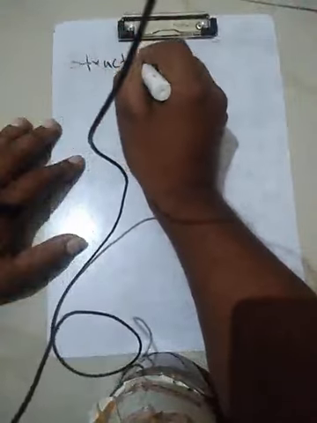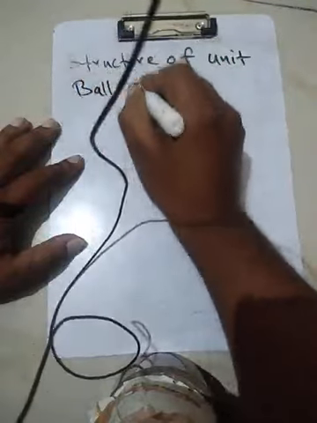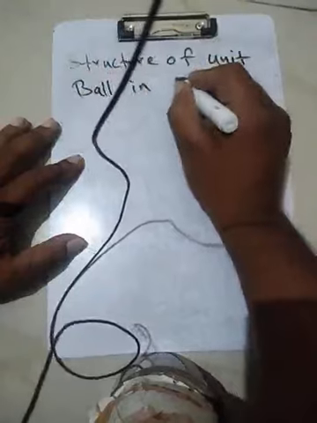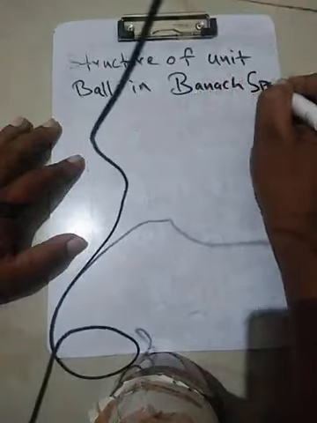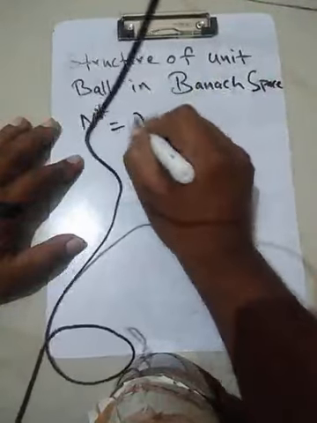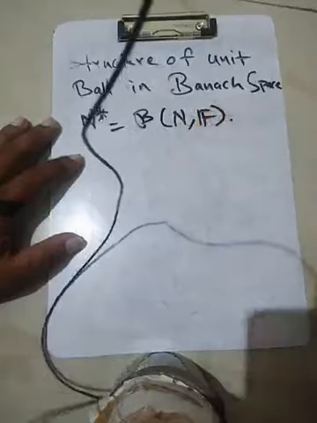Structure of the unit ball in the Banach space N star, which is B(N, F).